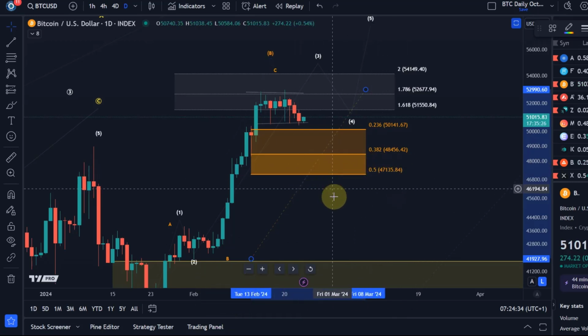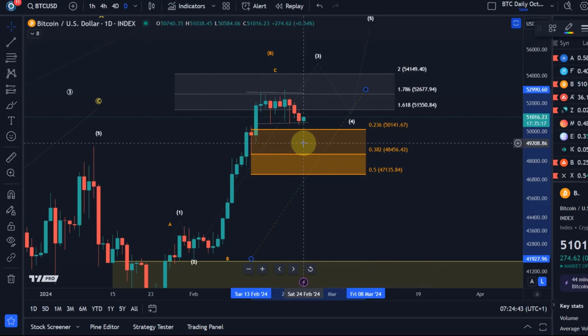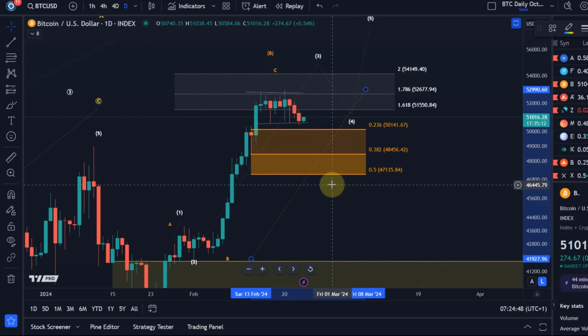Only a break below that level will cause me to basically activate the alternative wave count, and the preferred wave count will become far less likely, basically invalidated.